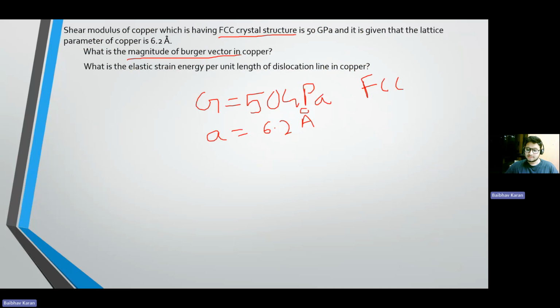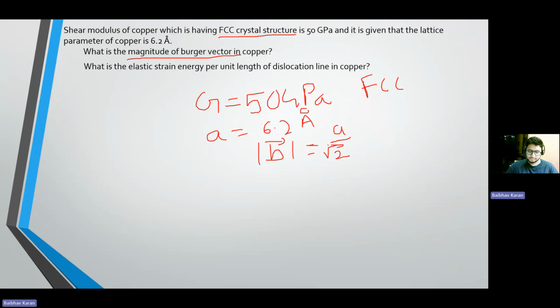In case of FCC, what is the value of the Burgers vector? Just try to recall. The Burgers vector magnitude in case of an FCC is given by B equals A by root 2.